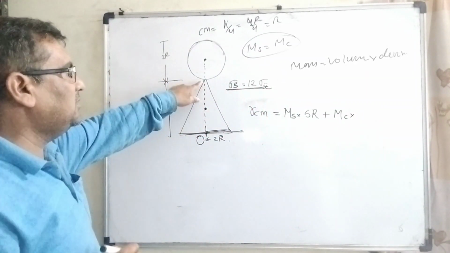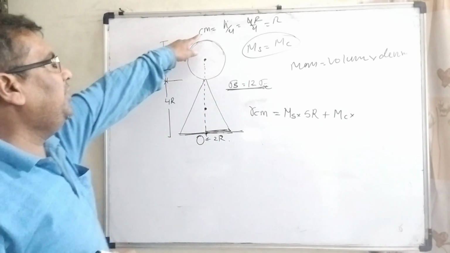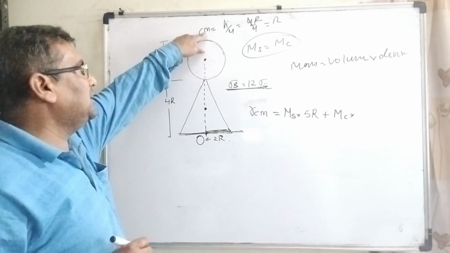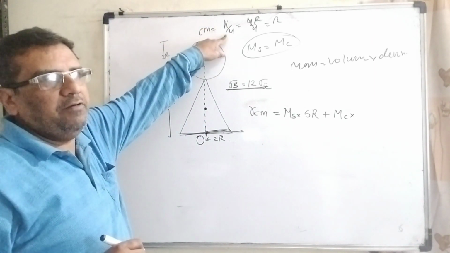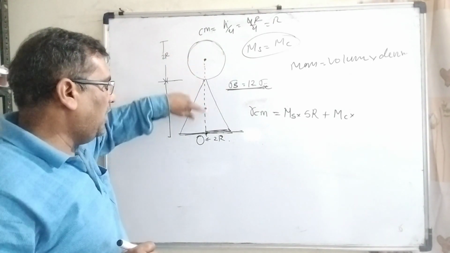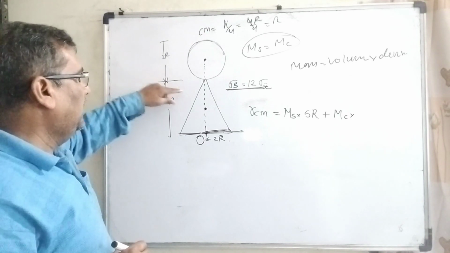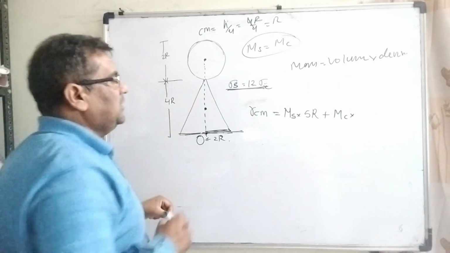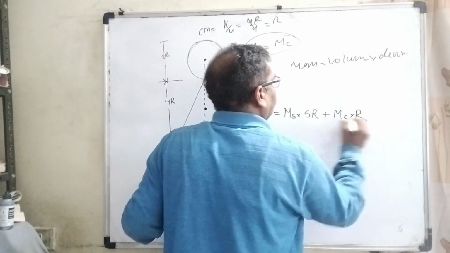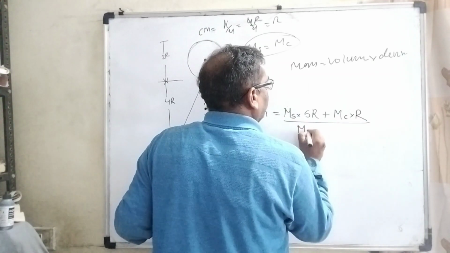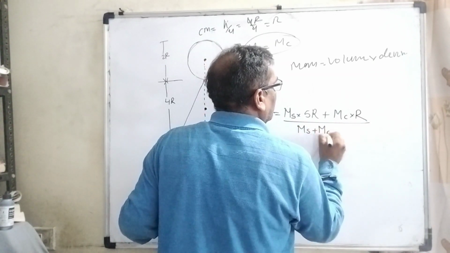What is the center of mass of the cone? As given, the center of mass of the cone is h by 4, meaning one fourth of the total height. What is the total height? 4r, and divided by 4, the distance will be r, over the mass of the sphere and the mass of the cone.